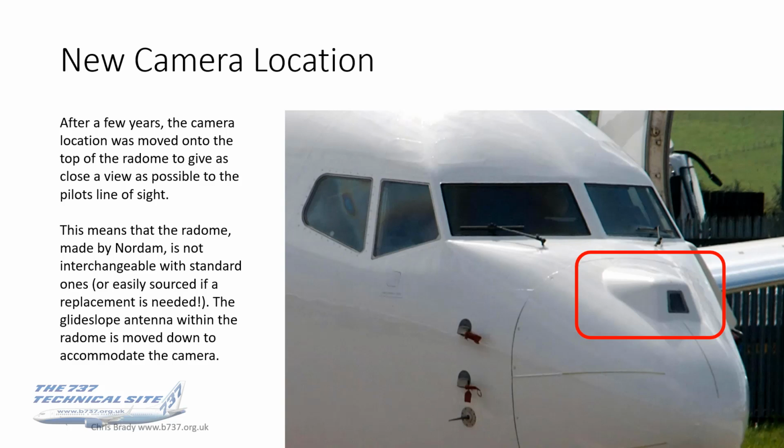That unfortunately means that the modified radome, which is made by Nordam, is not interchangeable with a standard one, or indeed easily sourced if a replacement is needed. So if you have bird strike damage on that radome or for whatever reason you need to replace it, you're going to have to contact Nordam and wait to get one made and shipped out to you. The glide slope antenna within the radome moved down to accommodate the camera, because that would normally be up at the top behind there.